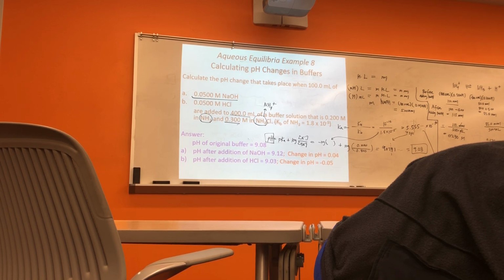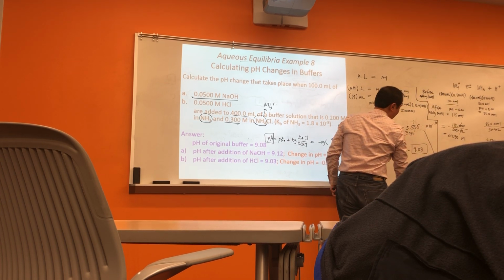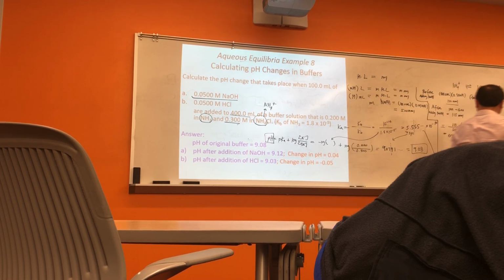Negative log of 5.555 times 10 to the minus 10, plus log. I got 9.26. So the answer should be 9.26.